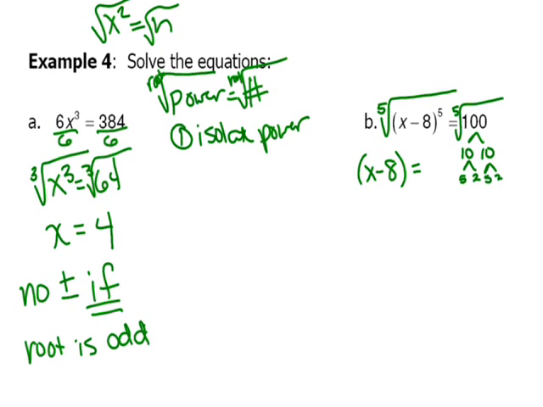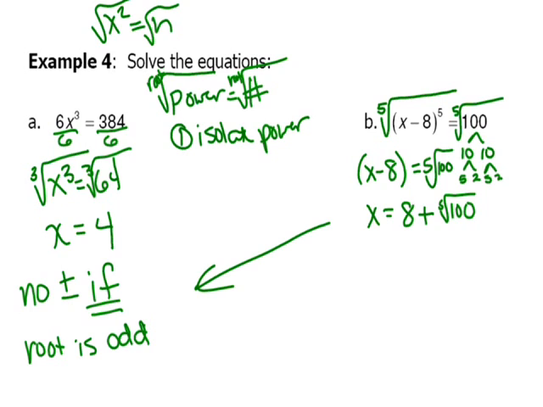So I do not see 5 of anything, which means that this has to stay the 5th root of 100. So my final answer, when I add 8 to both sides, is going to be 8 plus the 5th root of 100. It was not a plus or a minus because the root is odd. So going back to this guy over here, if the root is odd, we don't use plus or minus. Okay, we are just going to add in this case.